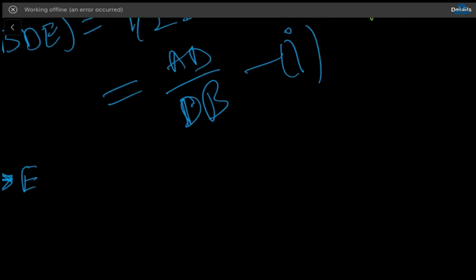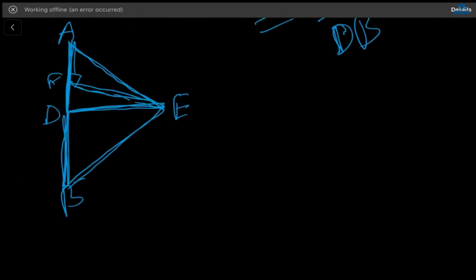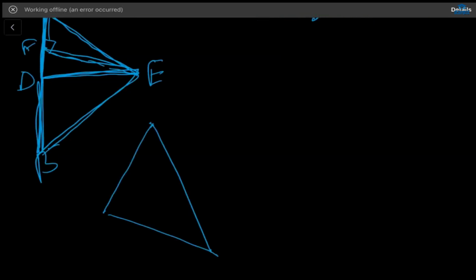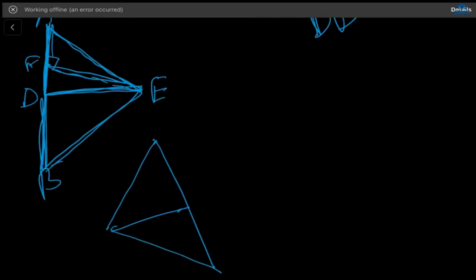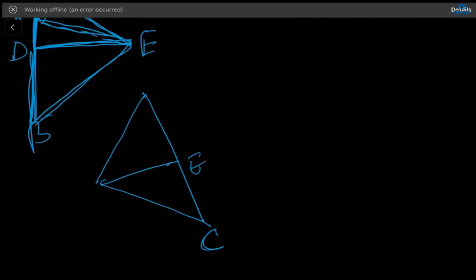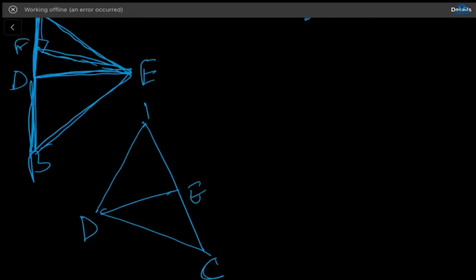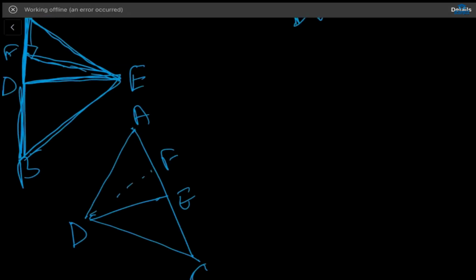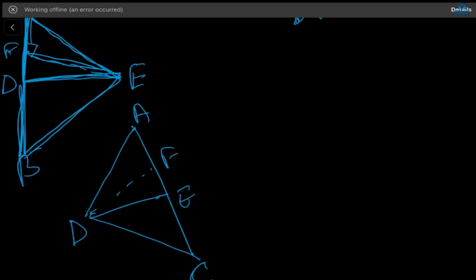Now similarly we are going to pick another side of the triangle, that is this side, where it is C, E, again D is there and A is there. Here another perpendicular line is drawn from D, that is G. Now we will compare the areas of these two triangles.